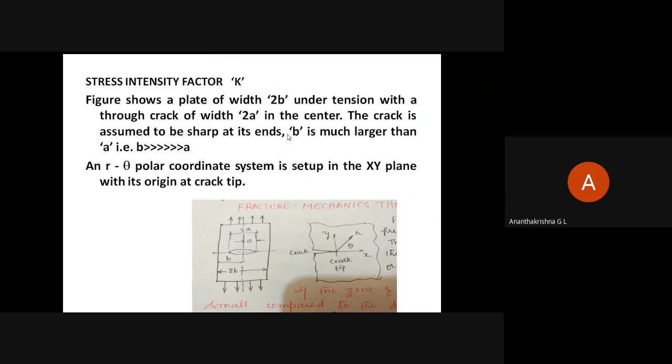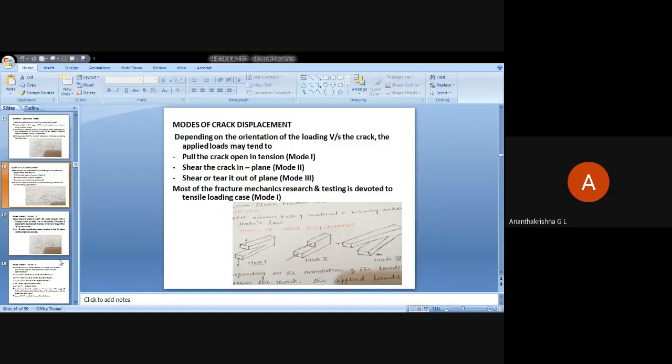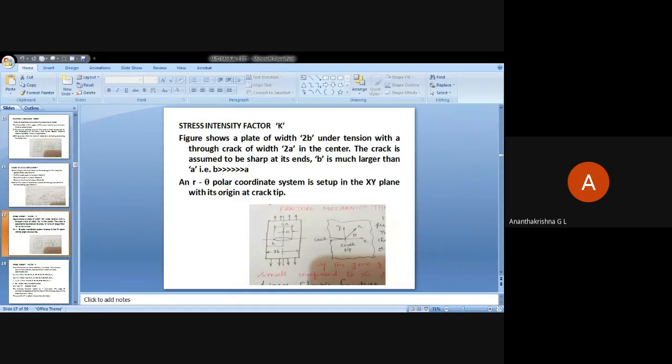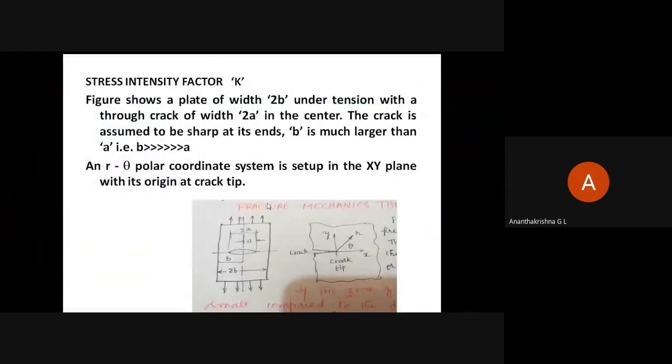It indicates that the dimension of the plate is much, much larger than the dimension of the crack. That is all it says. This crack is very small compared to the dimensions of the plate, and this plate with a central crack is subjected to tensile load.